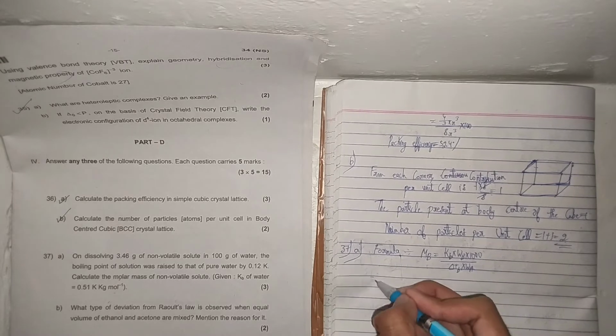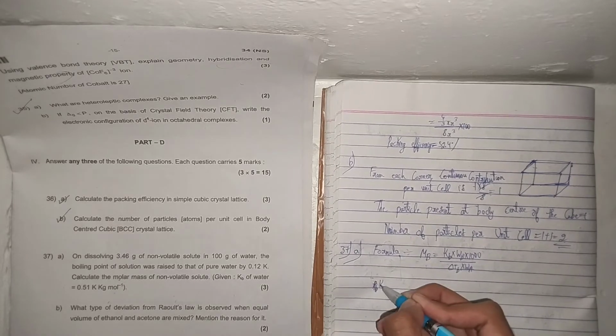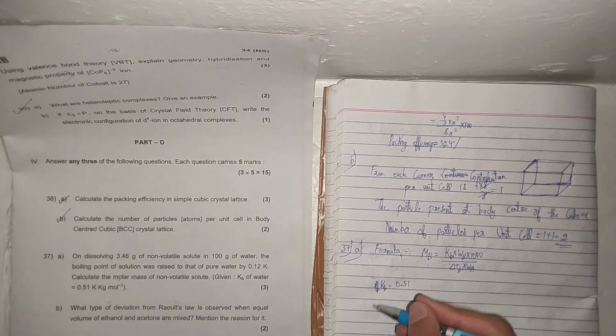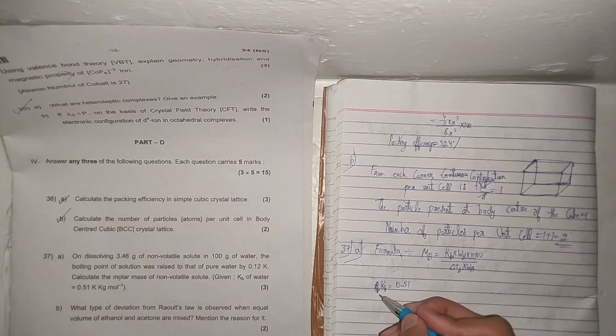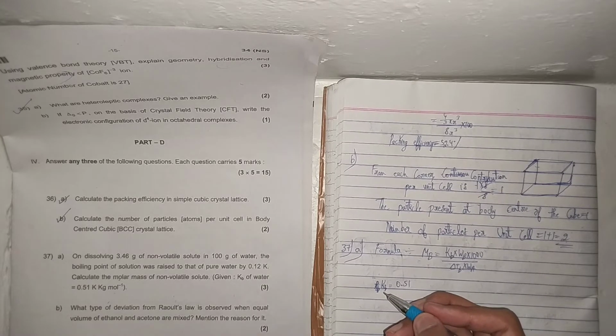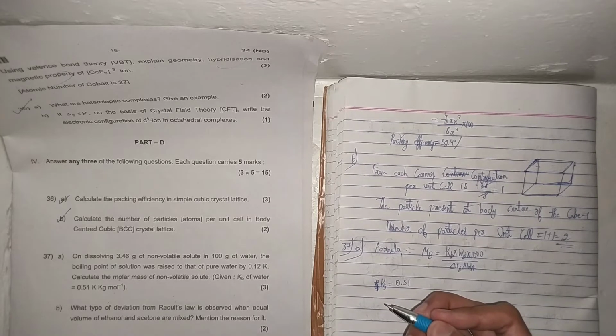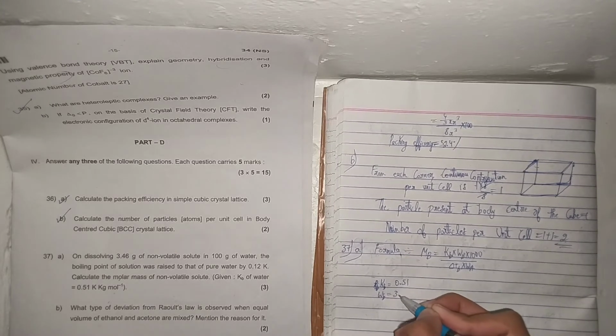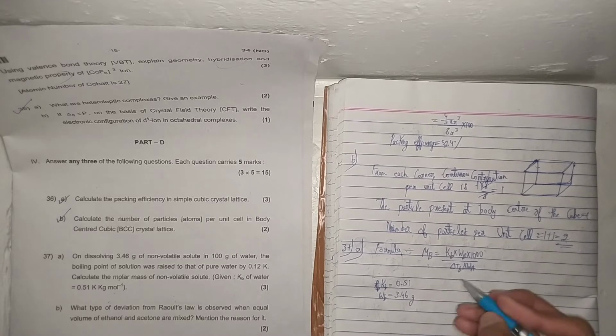Kb they have given already. Let us write all the things they have given. Kb is equal to 0.51 kg per mole. Wb, that is the non-volatile solute dissolved, is 3.46 gram.